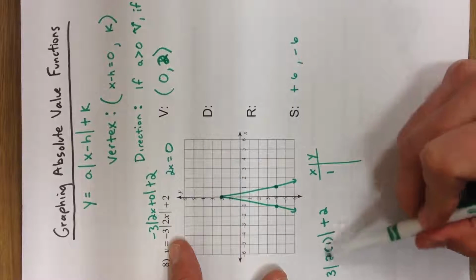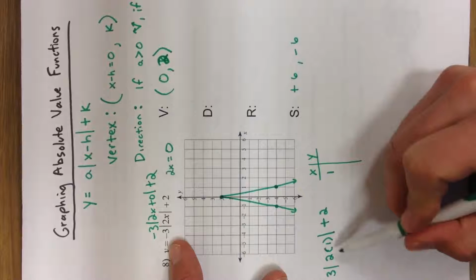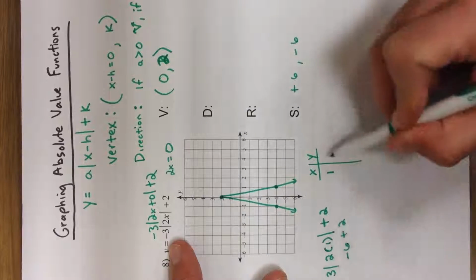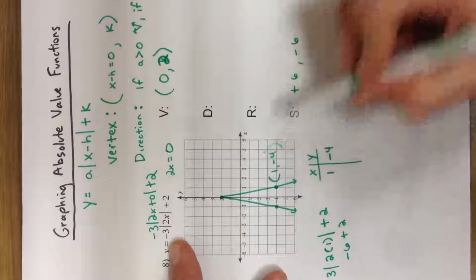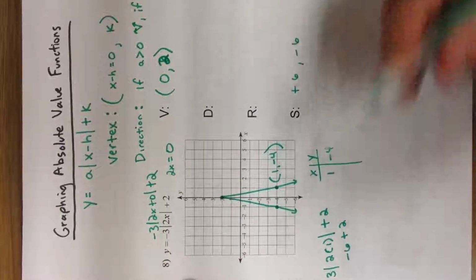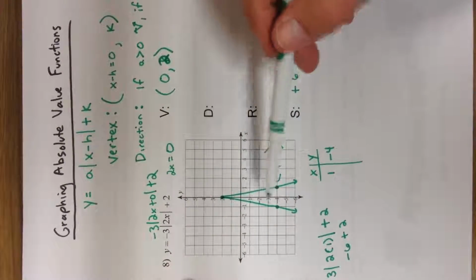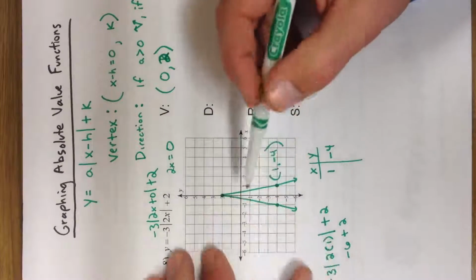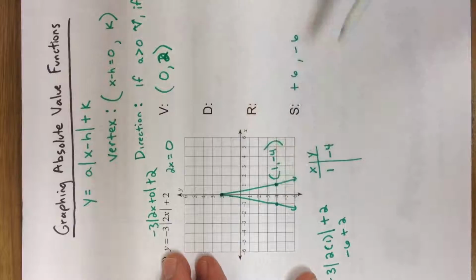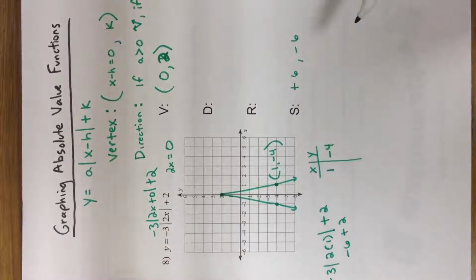So absolute value of 2 is 2, -3 times 2 is -6, plus 2 is -4. So the point (1, -4) ended up being on my graph, and I was right. So if the slope here is -6 to 1, this is going to be +6 to 1. So it's just the opposite.